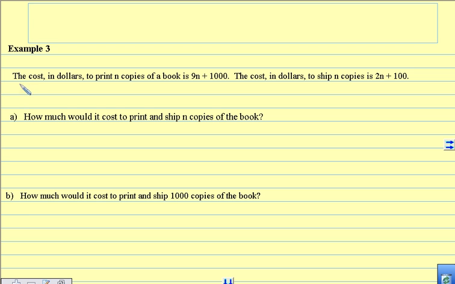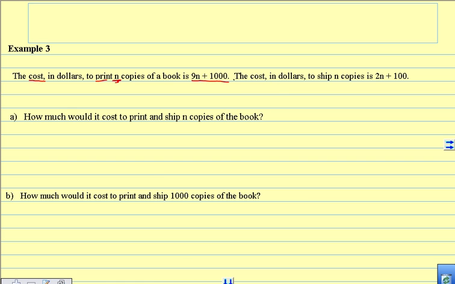So the question says the cost in dollars to print n copies of a book is 9n plus 1,000. So the cost to print it is 9n plus 1,000.